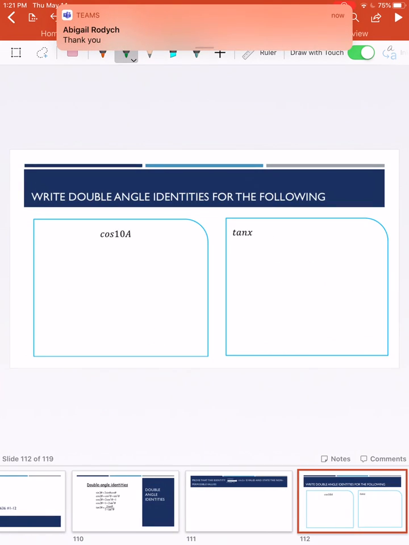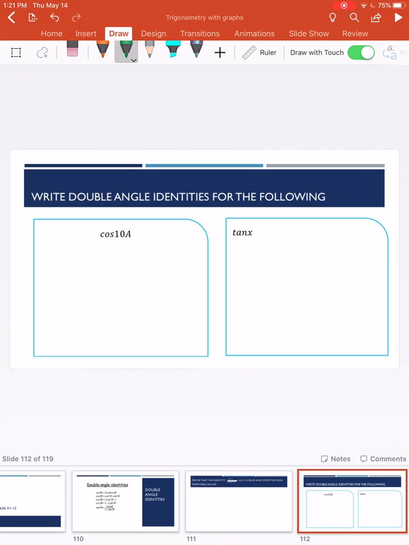All right, so let's look at some double angle identities using those formulas. So cos 10a. We're going to go to our double angle identity for cosine. We know cos 2 theta equals cos squared theta minus sine squared theta.